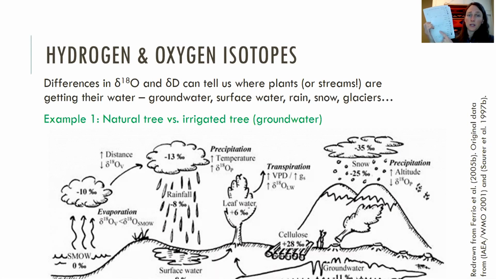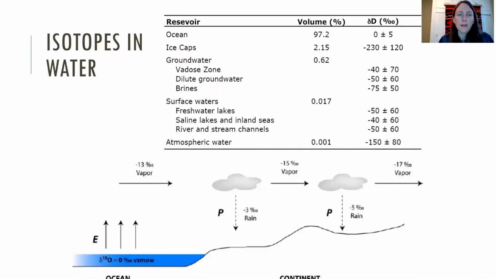So you'd have a tree, and what would it be if it was getting water from the stream versus what would it be if it's getting irrigated water. And I'll show you the answers at the end. So you can try to play along if you want by cutting out those little playing cards and putting them on the graph.